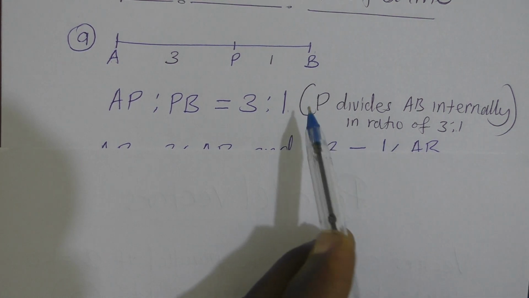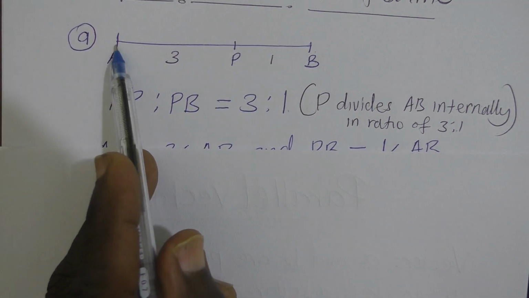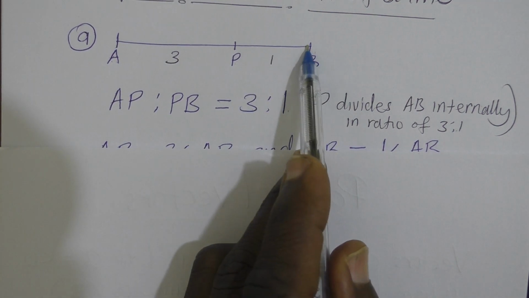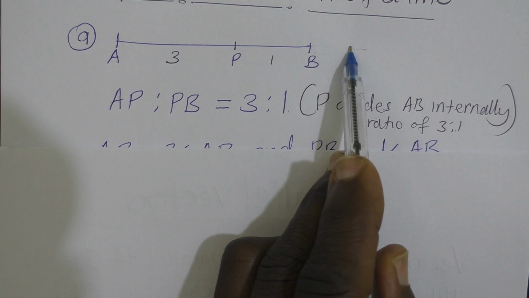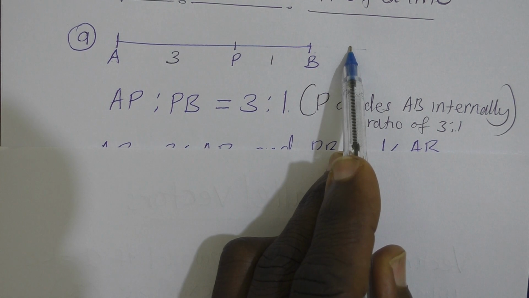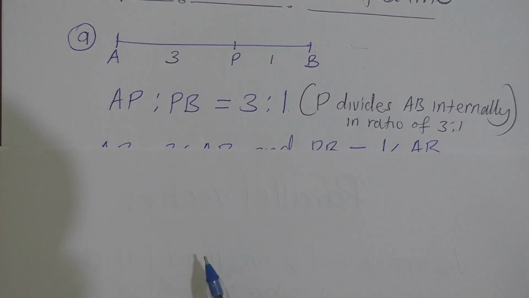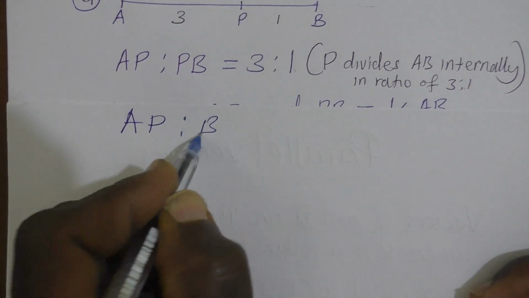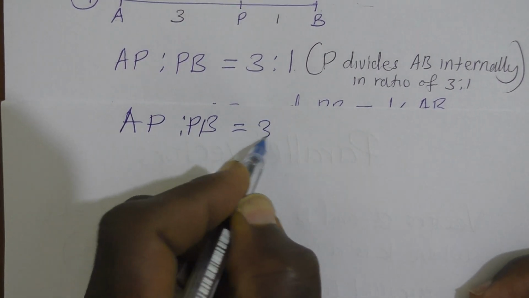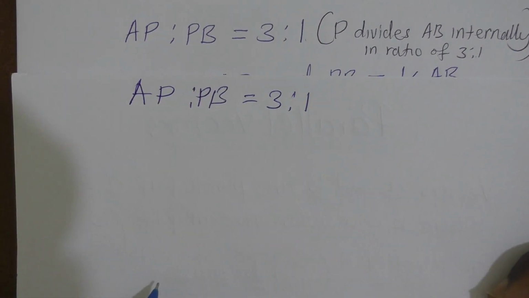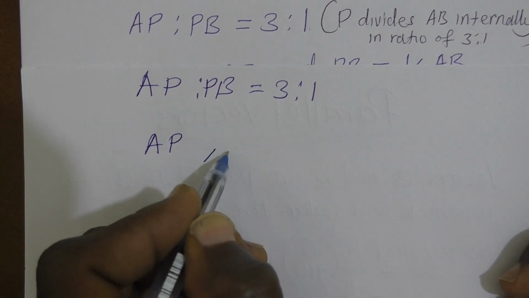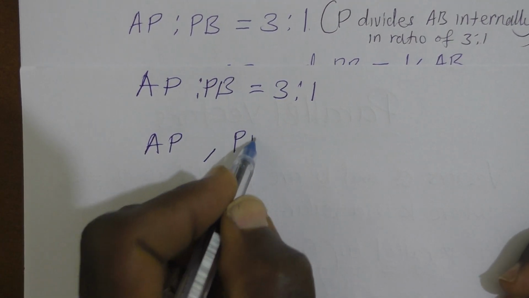Internally means that point P is between A and B. Otherwise, if it was somewhere beyond B, it would be externally. So that's what internally means. Then, if AP to PB equals 3 to 1, the question is, how do I get vector AP? And maybe how do I get vector PB?